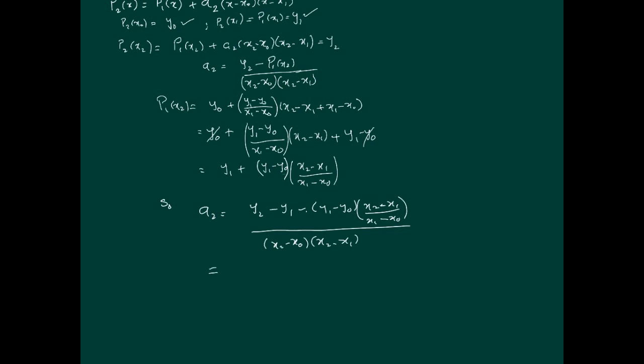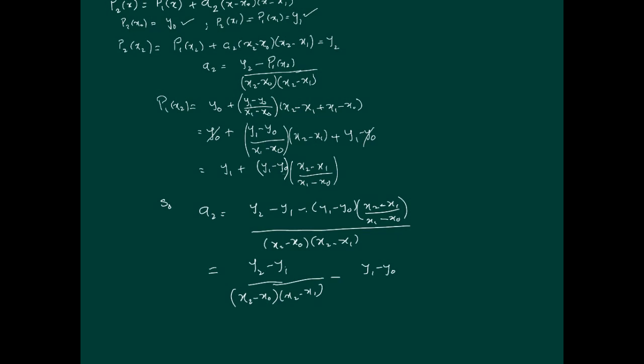Now if you see here, we can separate these out as well. What we'll do is the following. We'll group the y2 and the y1 together. So y2 minus y1 over x2 minus x0 into x2 minus x1, minus, we'll take these two, of course, and that'll give us y1 minus y0.